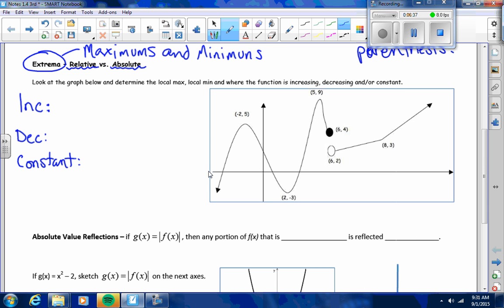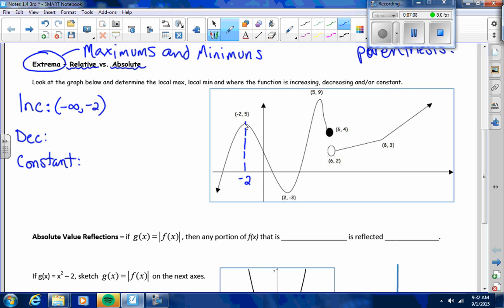So starting at the leftmost part of the graph, what does the graph begin doing? It's increasing. Where does it begin increasing at? Okay, so increasing negative infinity to what value? Negative 2. So here it makes a change, and that's at an x value of negative 2. So negative infinity to negative 2, it's increasing.